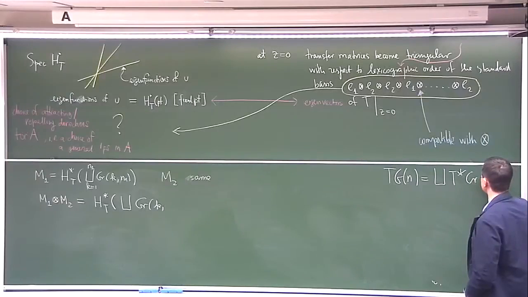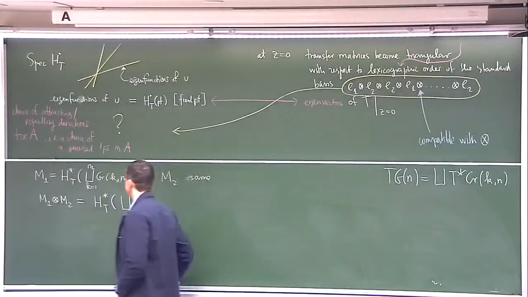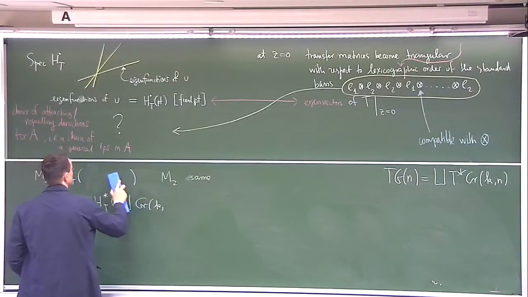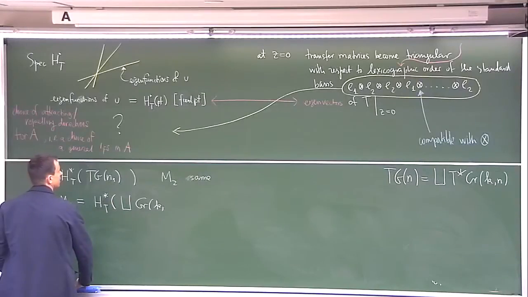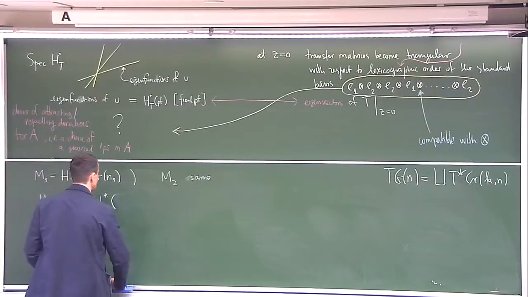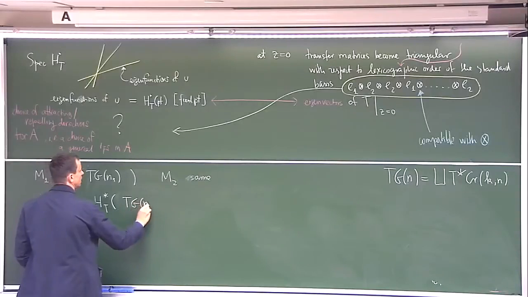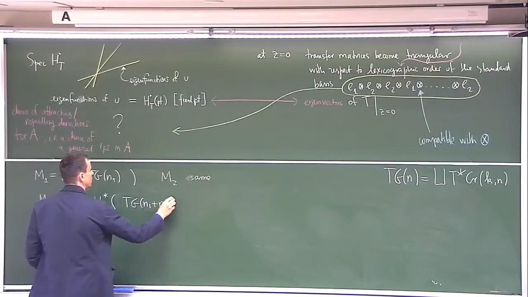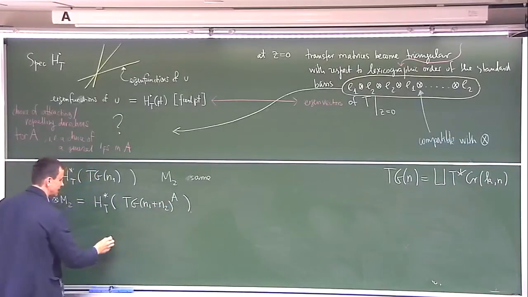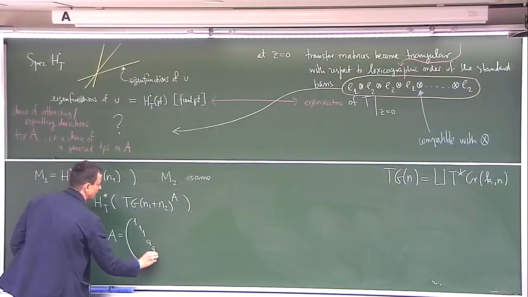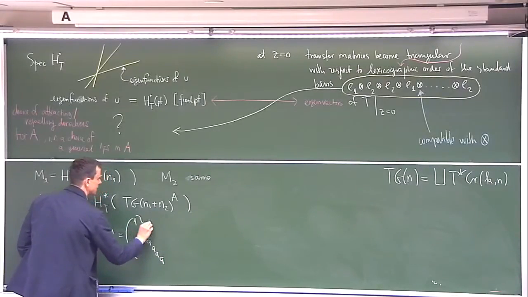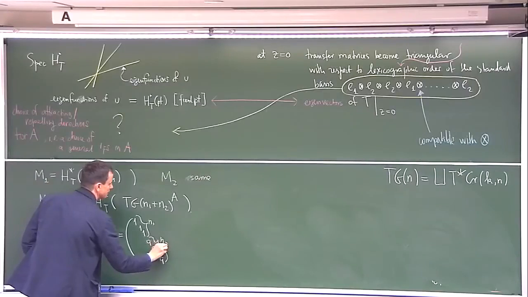Otherwise, we'll just be writing this to the end of the lecture. So I take here TG N1, and then TG N1 plus N2. Fixed locus of A, where A in this case is just a one parameter subgroup which acts by 1, 1, 1, A. And 1 of this, and 2 of this.